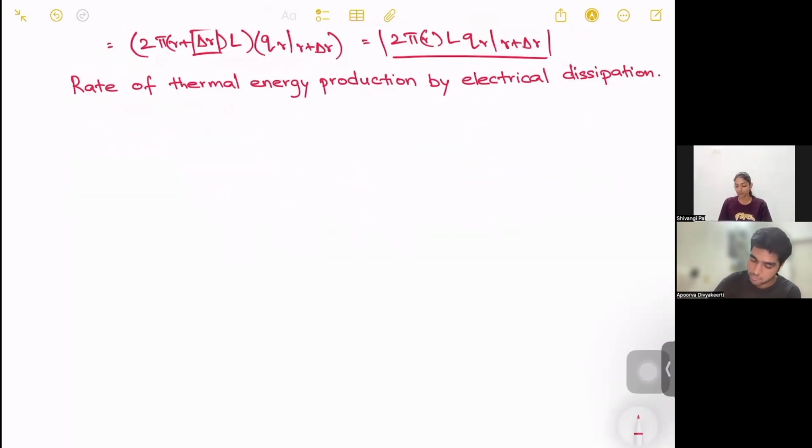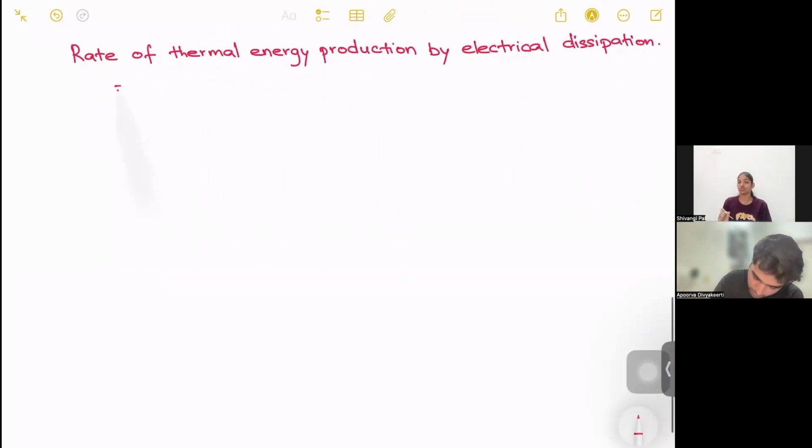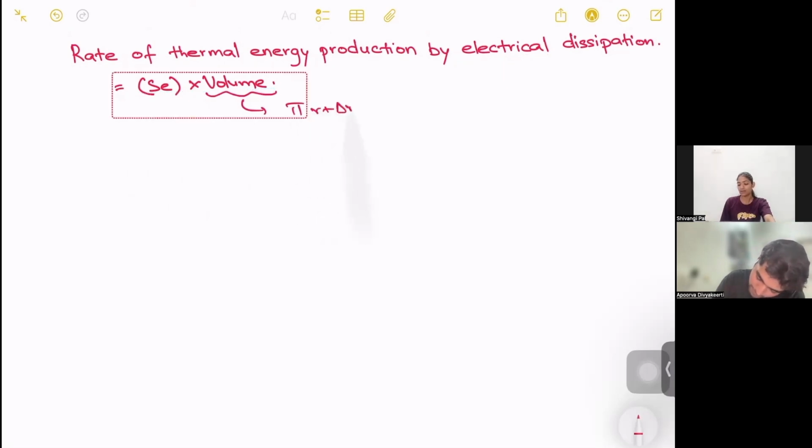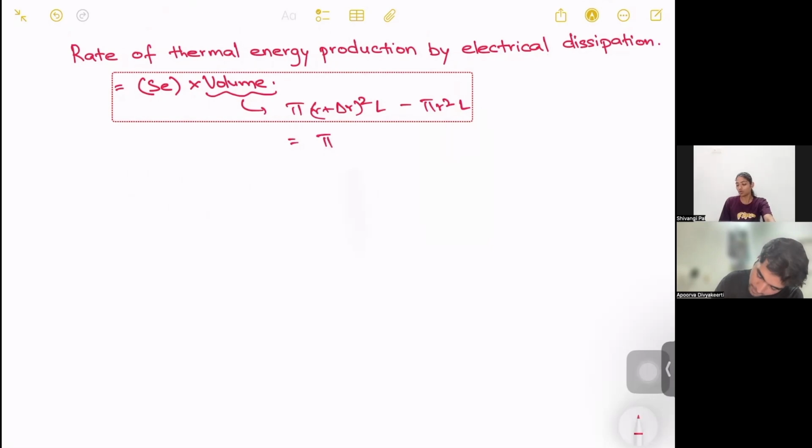Now the rate of thermal energy production by electrical dissipation will be equal to S_e into volume. S_e is the heat production per unit volume. So our volume of the system here will be pi times (r plus delta r) the whole squared, multiplied by L, minus pi r squared L. We will simplify this equation by opening the square.